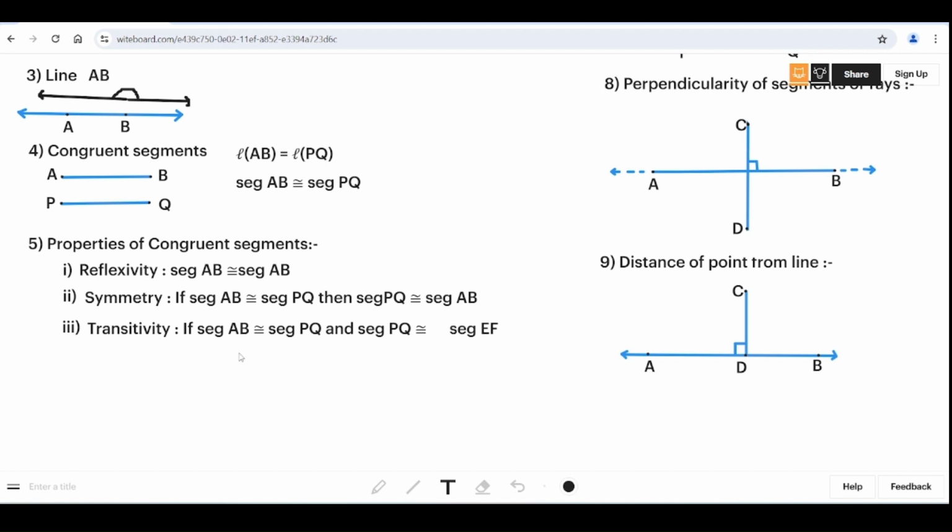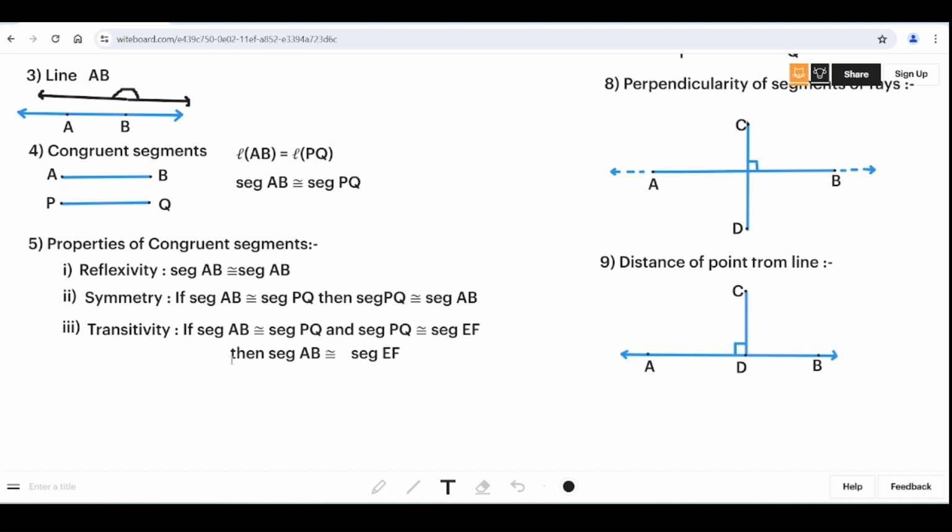Then we can say that the first segment AB is congruent to segment EF.